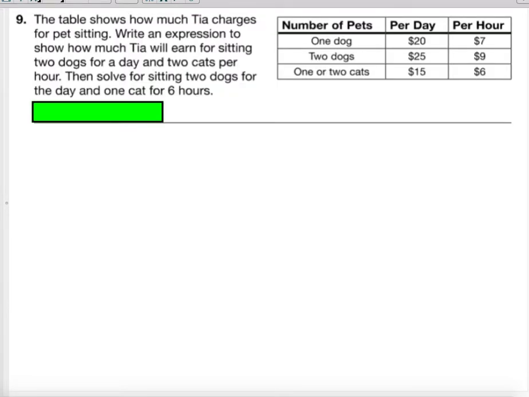Let's take a look at this word problem. The table shows how much Ty charges for pet sitting. Write an expression to show how much Ty will earn for sitting 2 dogs for a day, 2 cats per hour. Then solve for sitting 2 dogs for the day and 1 cat for 6 hours.